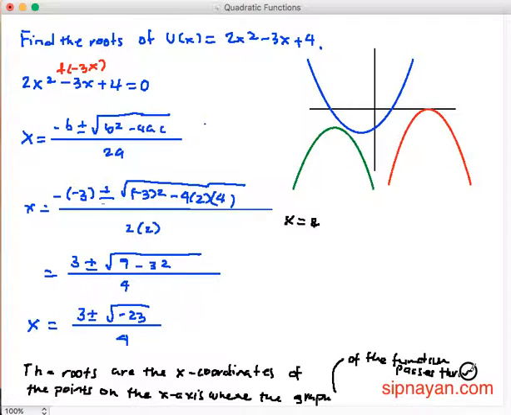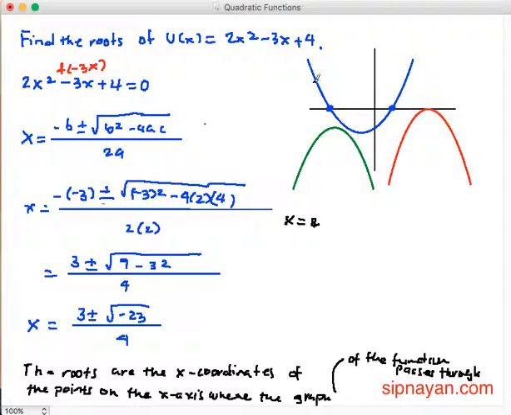So, they are the points where we have an intersection, for example here. This blue graph has two intersections. It means the value of x here and the value of x here are the roots of this function.